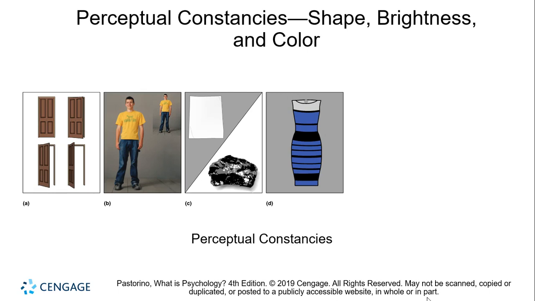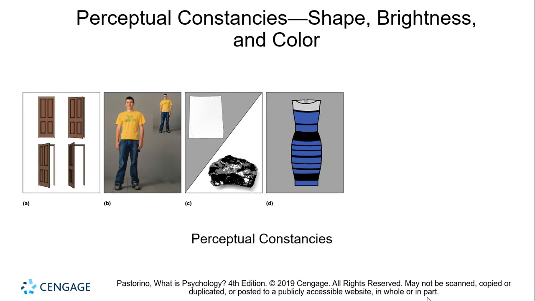So, for example, a door is always a rectangle. If you open the door, it doesn't change the shape of the door. And so your brain knows this. And when you open the door, your brain doesn't perceive the door as being smaller or thinner.